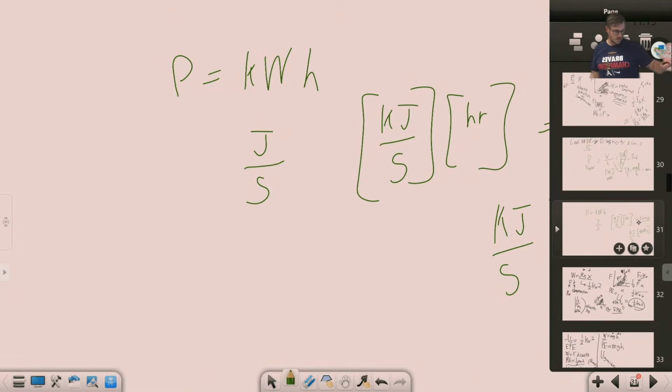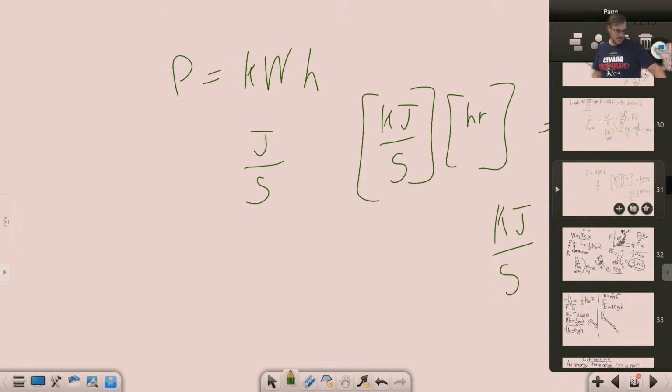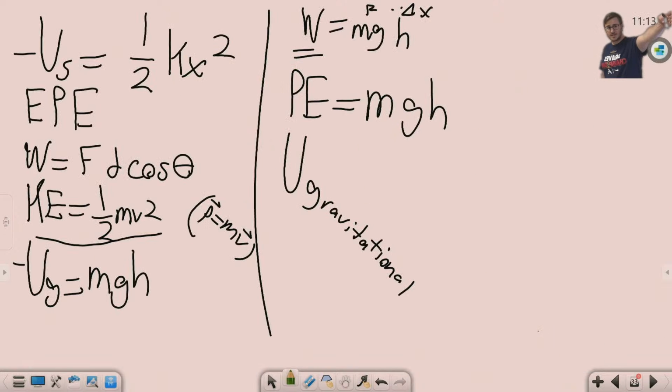There is one more thing to go with, and it is understanding that you can have elastic energy. This is our elastic energy. These are really all of our equations going on here. What if we had some stored energy in an object, and it translated into motion, and then translated into gravitational potential energy? What if we had something that was elastic?